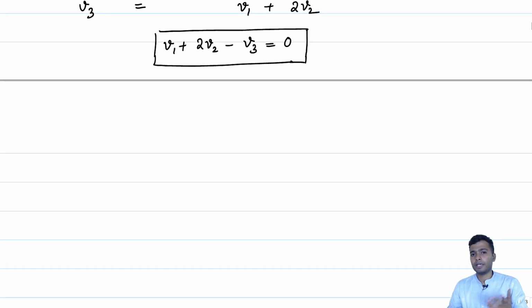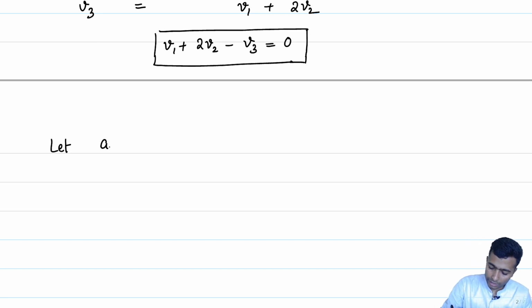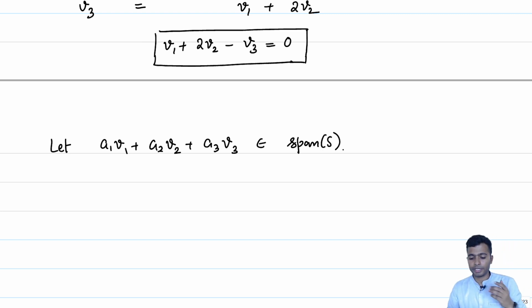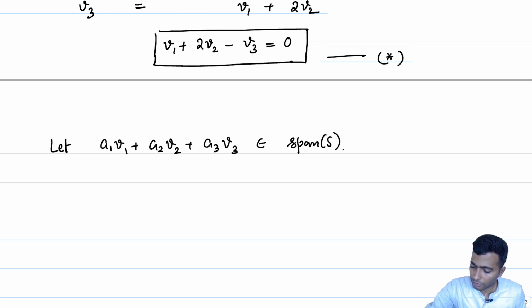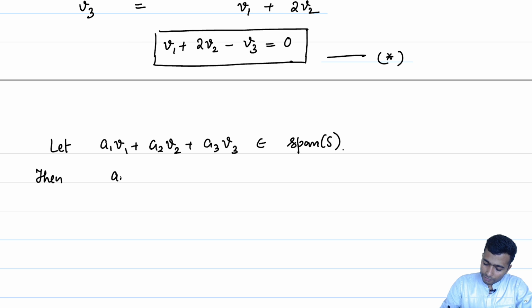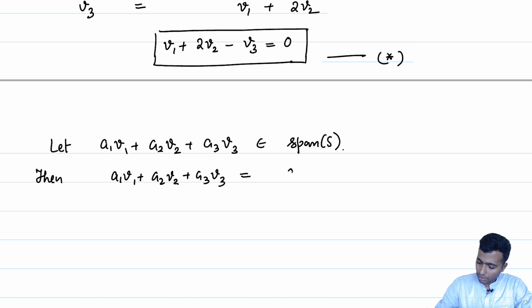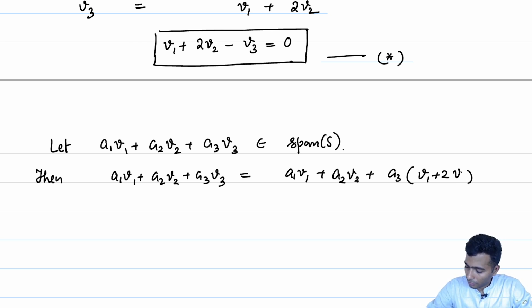What happens is, you will take any element in span of S. So, let A1 V1 plus A2 V2 plus A3 V3 be in span of S. Then we immediately observe that using this star which I have just noted, namely V3 being equal to V1 plus 2 V2, we will be able to write A1 V1 plus A2 V2 plus A3 V3 equal to A1 V1 plus A2 V2 plus A3 times V1 plus 2 V2, by substituting for V3.